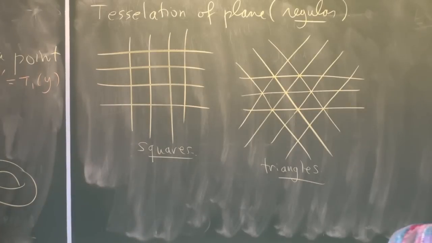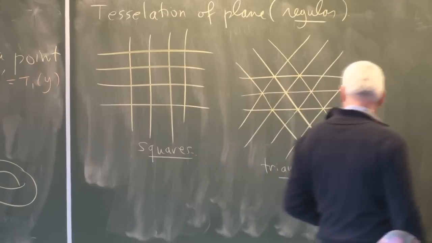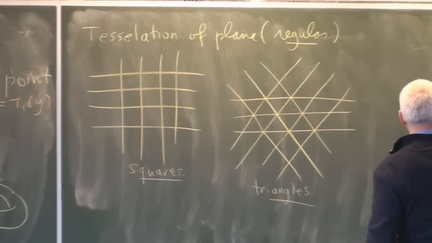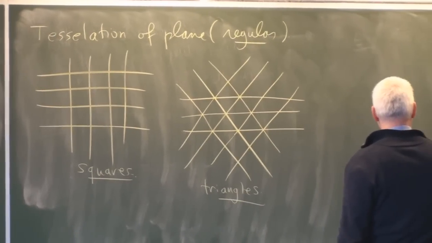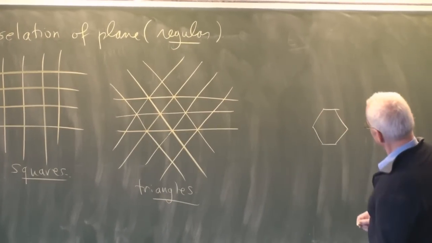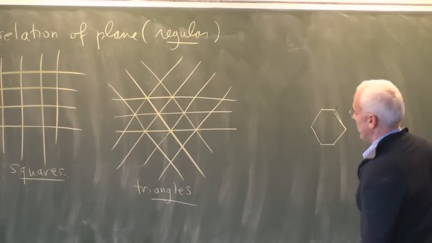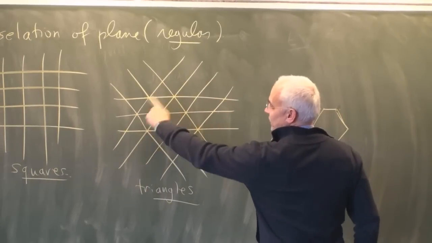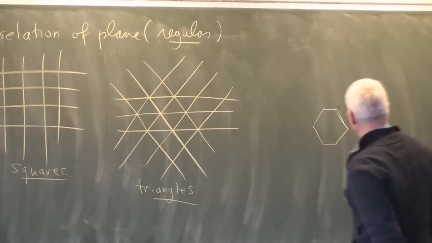And if we want a regular polygon, then there's only one more, which is closely connected with this one, which is in terms of hexagons, regular hexagons.